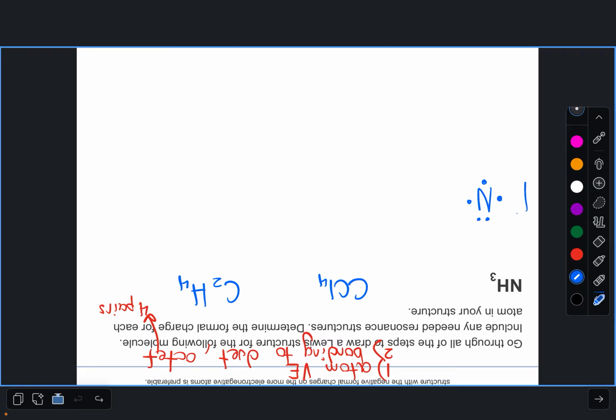Remember, the valence electrons are just coming from what column it's on in the periodic table.